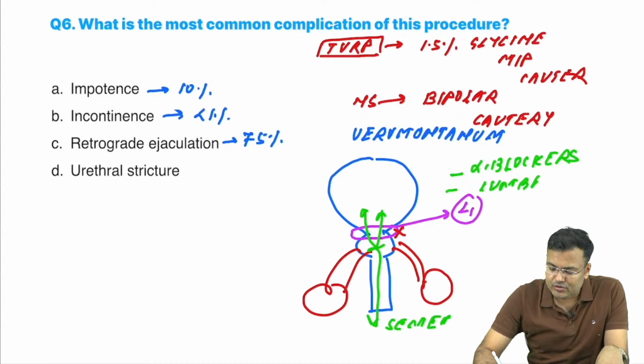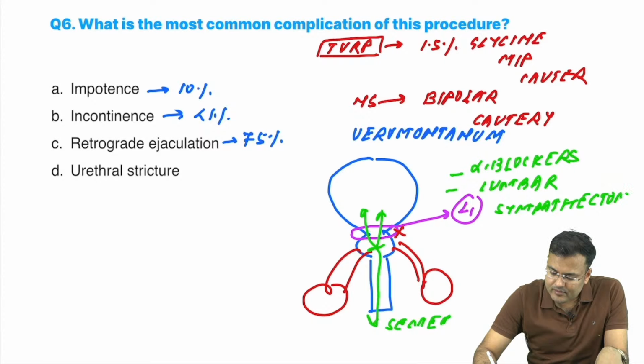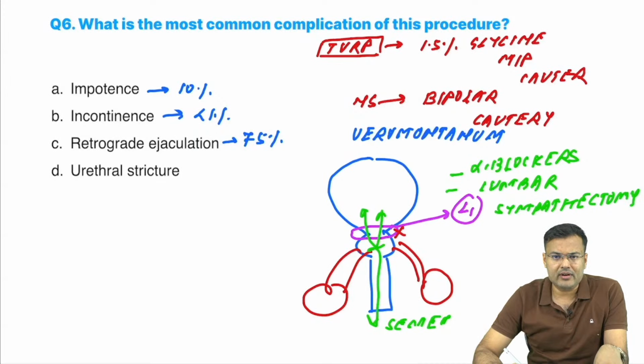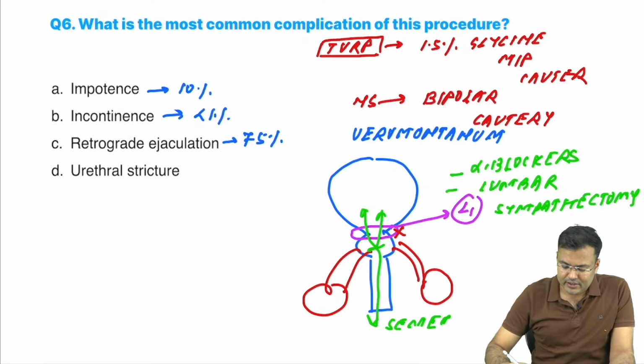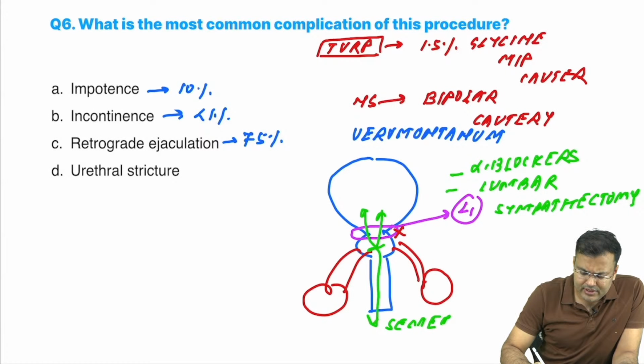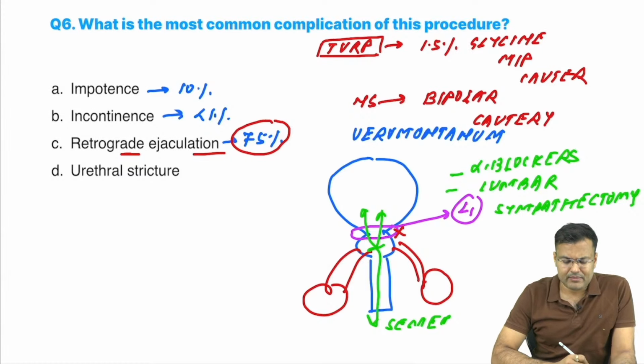Retrograde ejaculation. So alpha blockers, lumbar sympathectomy. Clear? Got it? So that's the retrograde ejaculation, 75%.